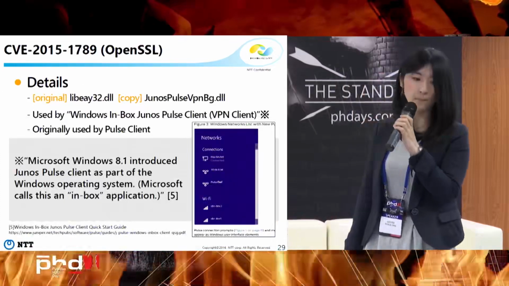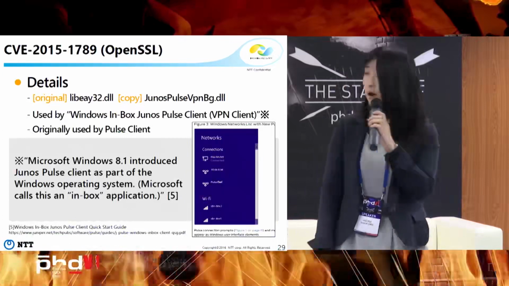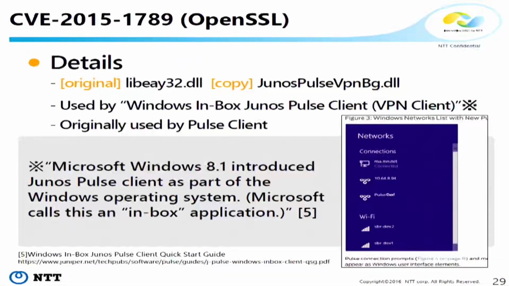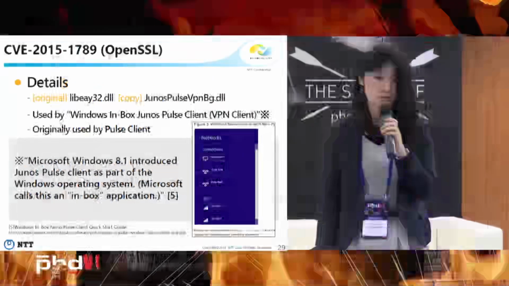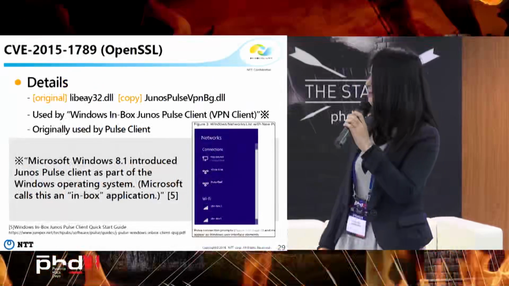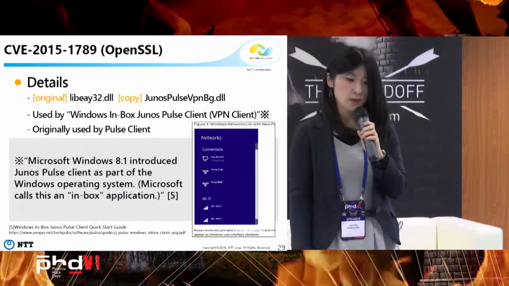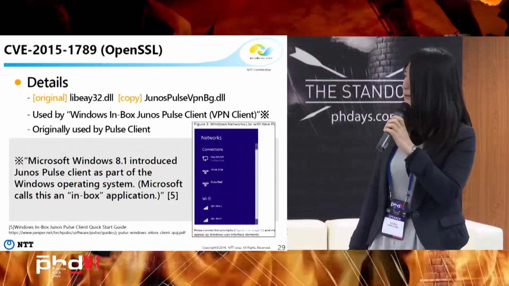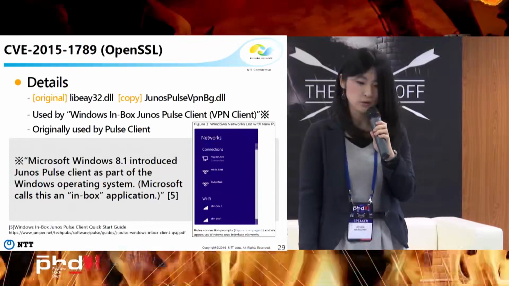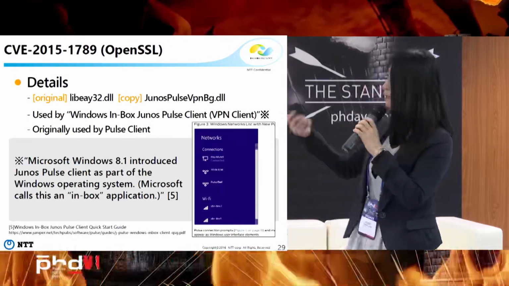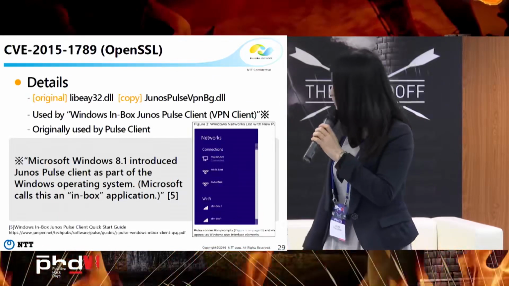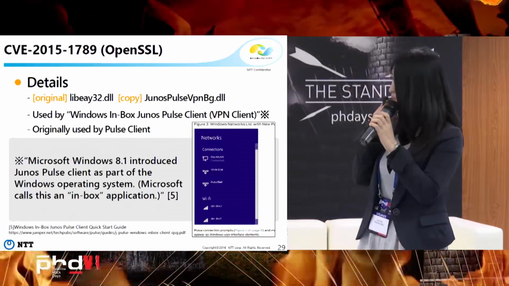So next, I want to talk about the CVE-2015-1789 case. This vulnerability was originally in libeay32.dll and copied to Junos Pulse VPN-BG.dll. This DLL is used by the Windows in-box Junos Pulse client, which is a VPN client, and was probably originally used by the Pulse client software.